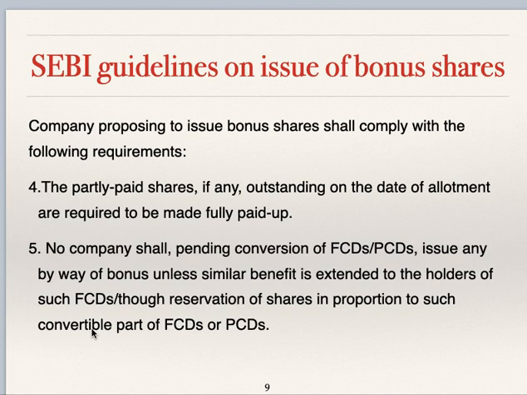So that means if there are partly convertible debentures, that is debentures which get converted into shares, not fully but some part of it, that's why it is known as partly convertible debentures. Or if there are fully convertible debentures, that is entire debenture gets converted into shares, in that case similar benefit is to be given to these debenture holders, that is they are also entitled to get bonus shares when they get converted into shares.